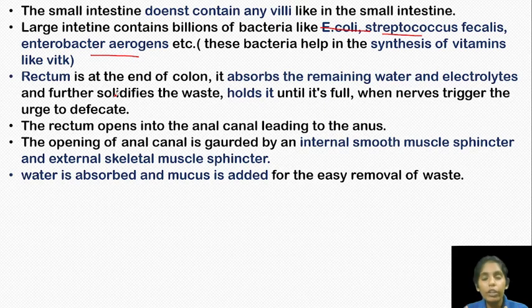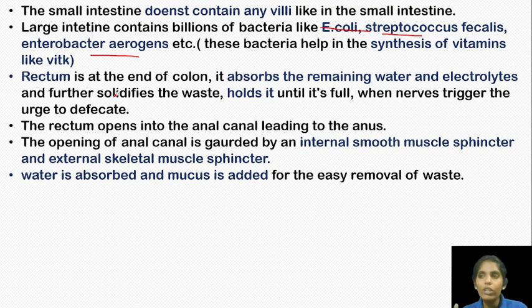When the rectum gets full, a nerve signal will be produced. A nerve stimulus will be triggered, asking the contents of the rectum to be emptied into the anal canal. So the solid waste present in the rectum, when the nerve is triggered, will enter the anal canal.